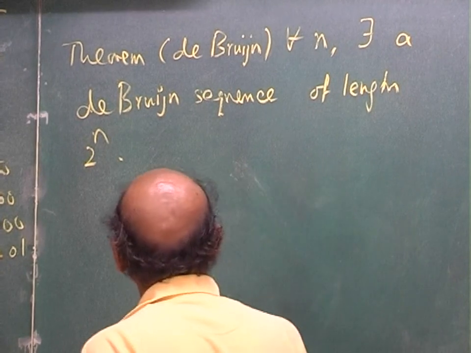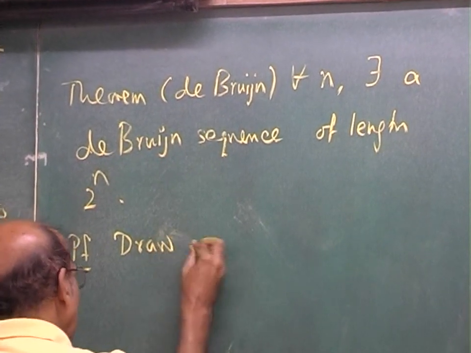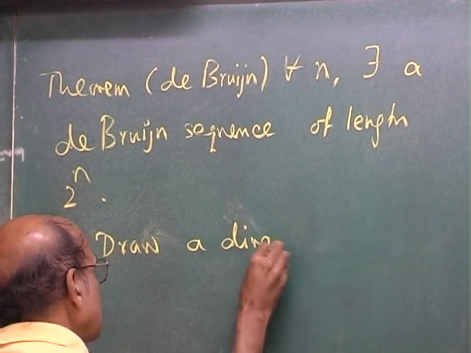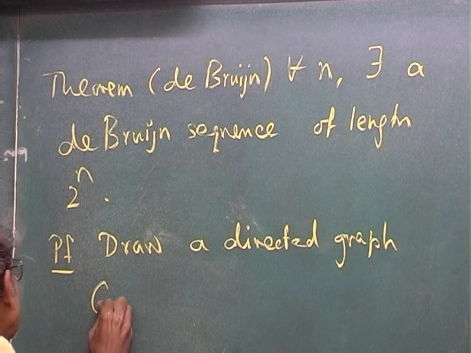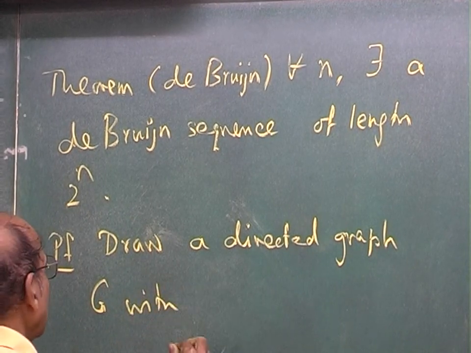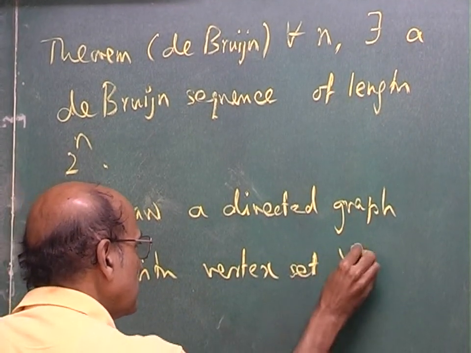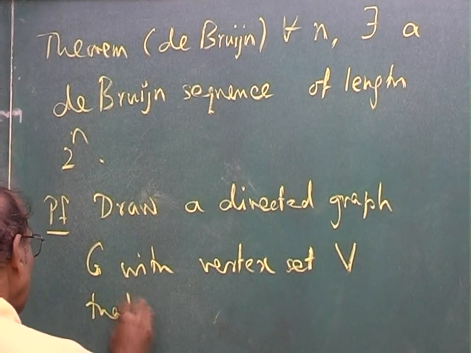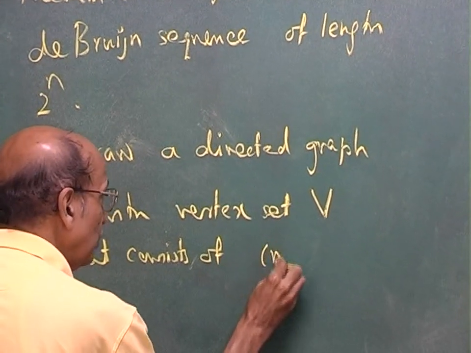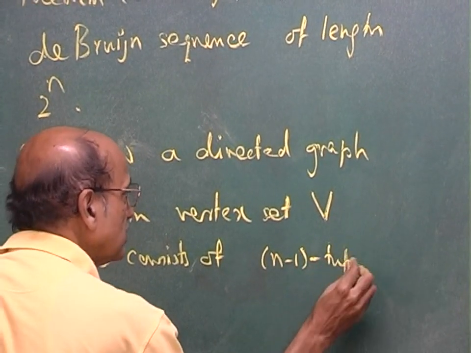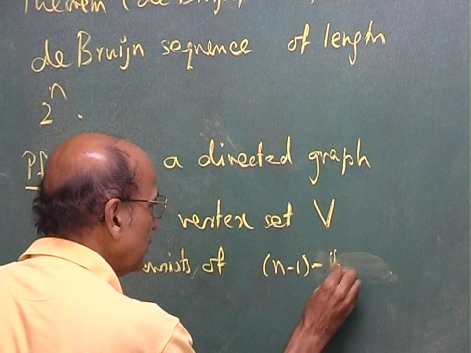Proof. A directed graph with vertex set that consists of n minus 1 tuples, n minus 1 binary tuples.